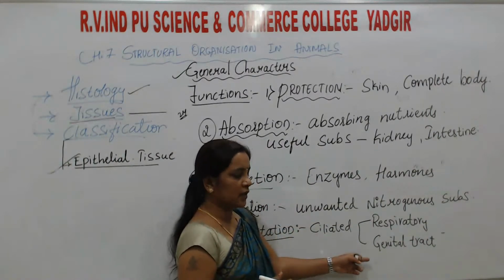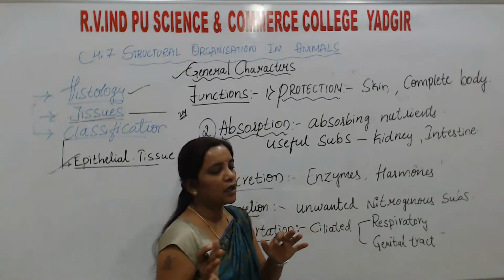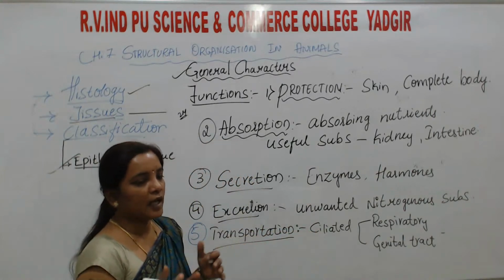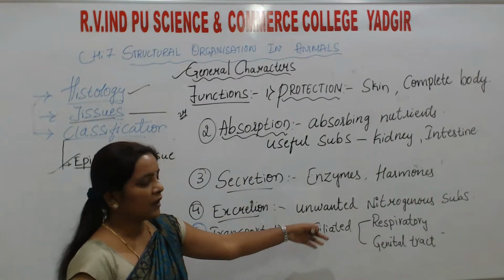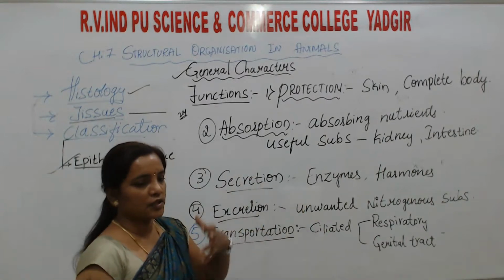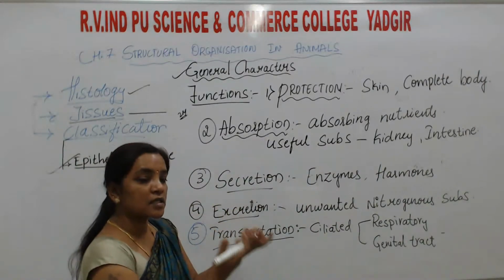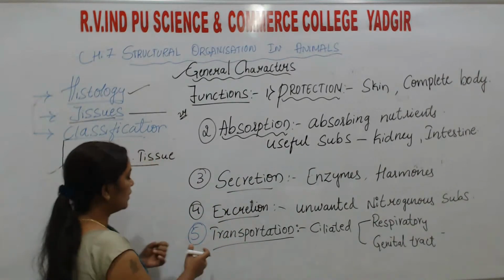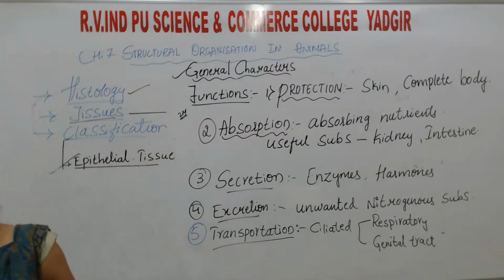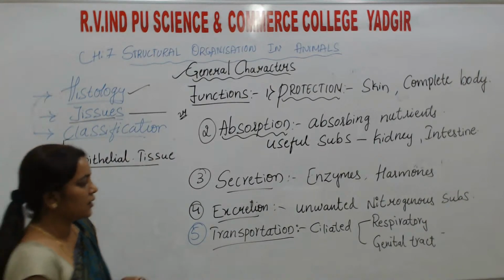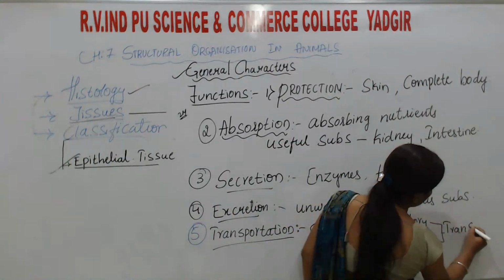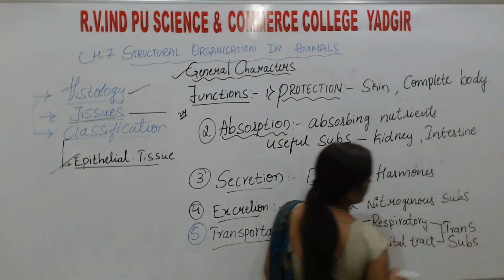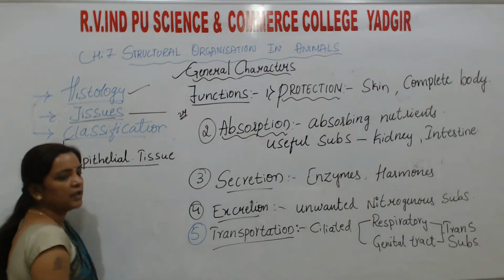In the genital tract, they help transfer the gametes; gametes are transported with the help of ciliated epithelial tissues. In the respiratory system, they also help eliminate dust particles. So epithelial tissue is also involved in transporting substances.